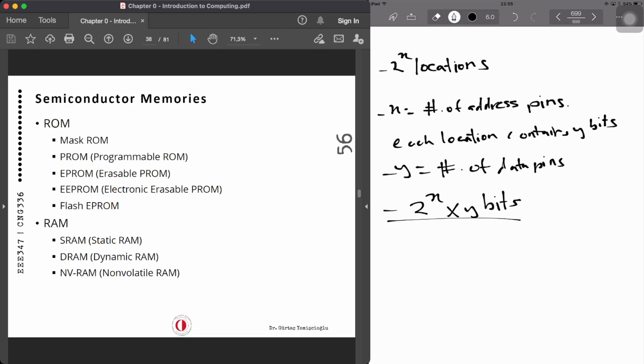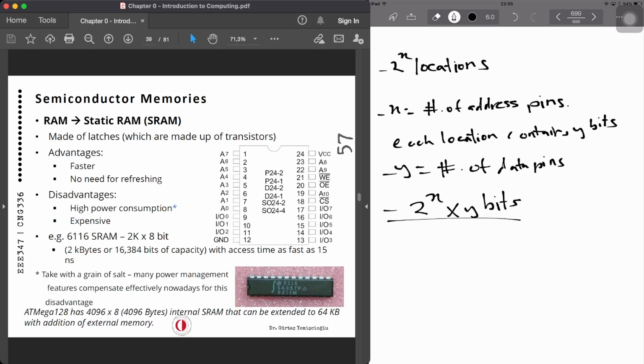So these are ROM type memories, and now RAM type memories, where we have SRAM or static RAM. Now SRAMs, or static RAMs, are like latches. If you remember latches from logic design, latches or flip-flops, as we call them, don't need refreshing in order to keep data in there.